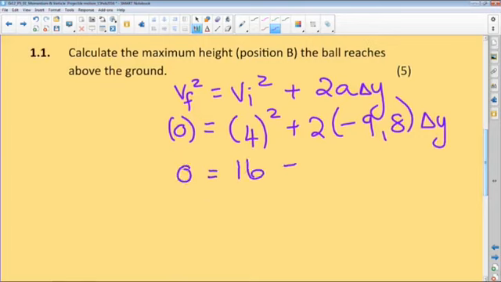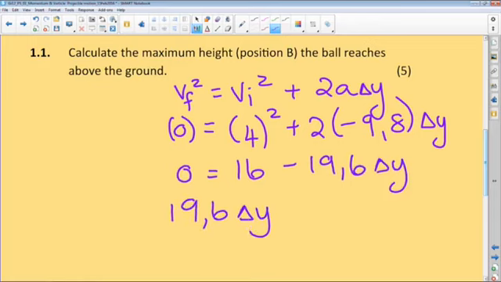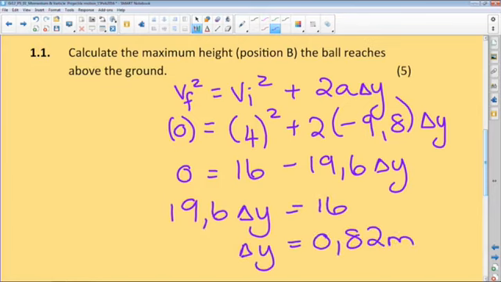That's minus 19.6 delta y. I'm going to take the delta y over because I want to solve for delta y, so it becomes positive. I would now divide both sides by 19.6, and I'm going to get 0.82 meters.